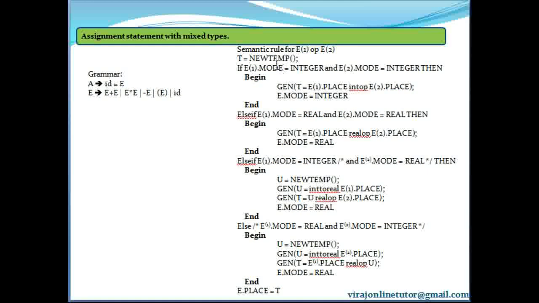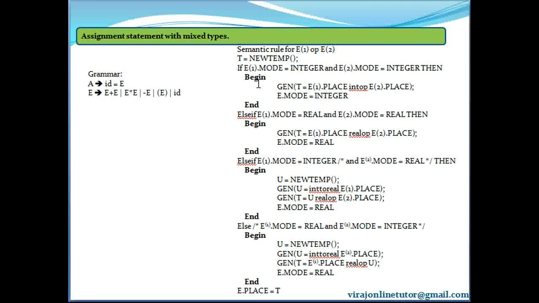First I create a new temporary and save it into T. Then I check what is the mode of E1, whether it is integer or real. If the mode of E1 is integer and the mode of E2 is integer, then I need to do E1.place, that is the value of E1, integer operation E2.place, and assign it to T. So gen will generate a three address statement, right?